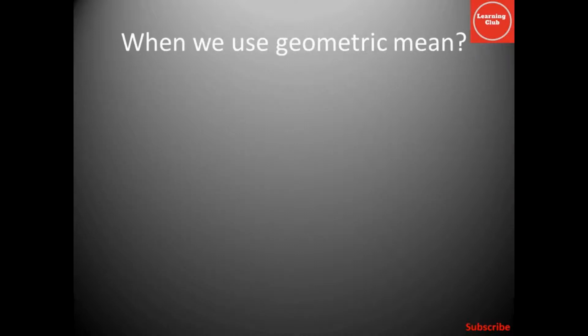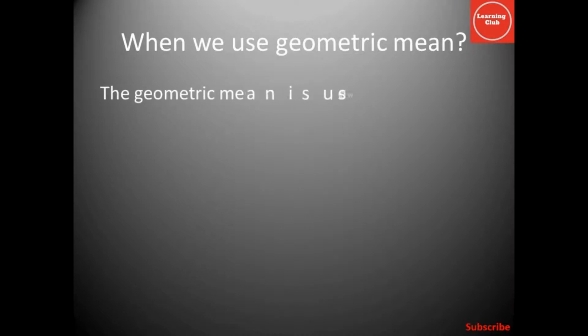Another question that emerged in our mind is: when we use geometric mean, obviously when we have arithmetic mean, median, and other types to calculate, then why is there a need to use geometric mean? The geometric mean is used whenever we wish to find the average growth rate or rate of change in a variable over time.